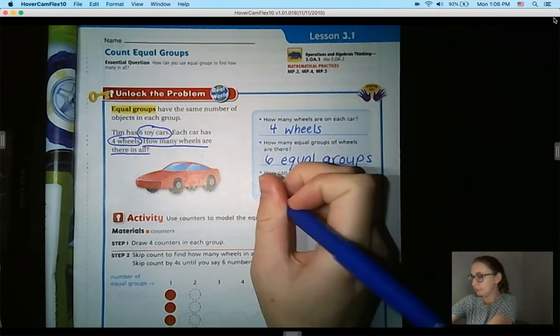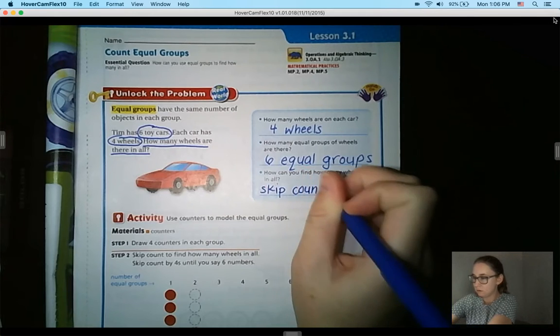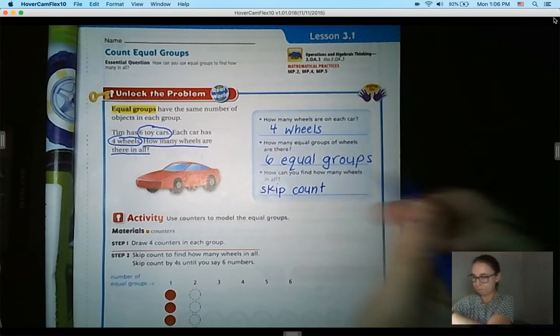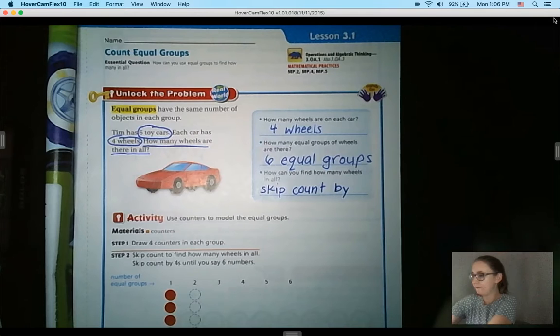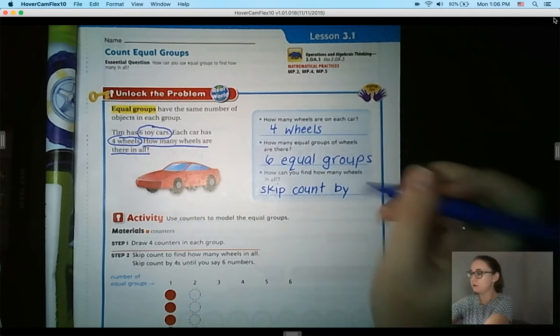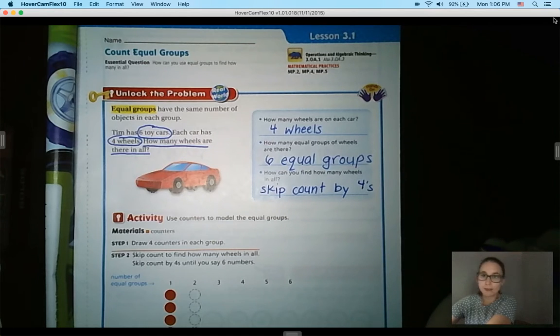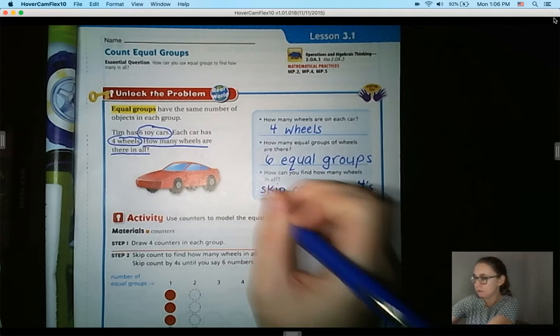So I could skip count by 4s because that's how many wheels are on one car. Or I can add 4 6 times.